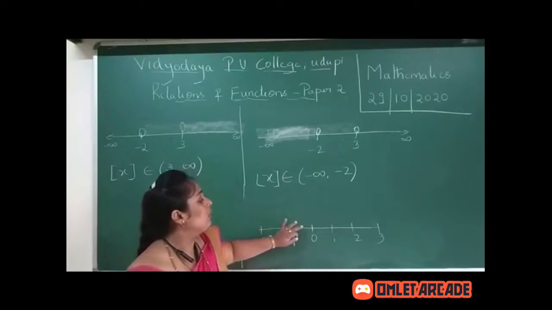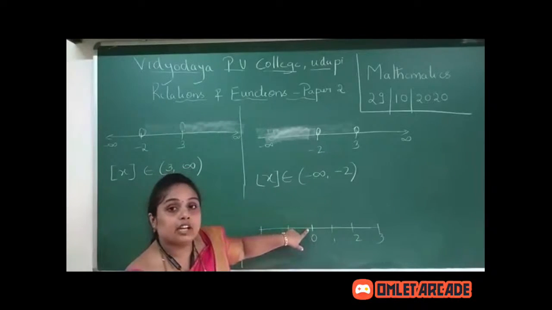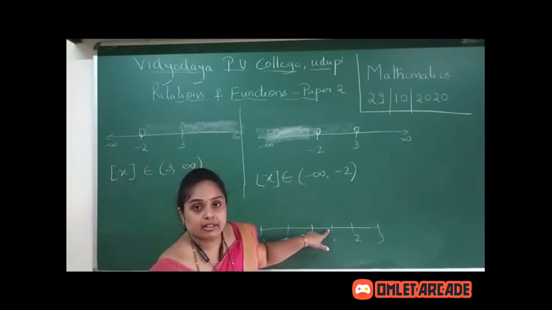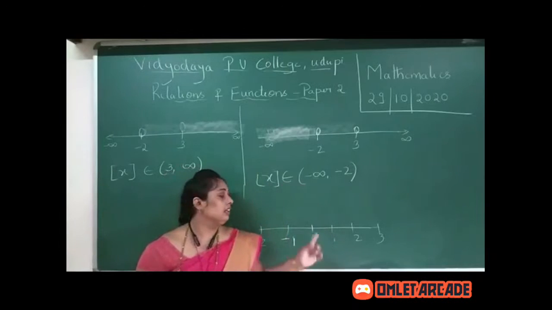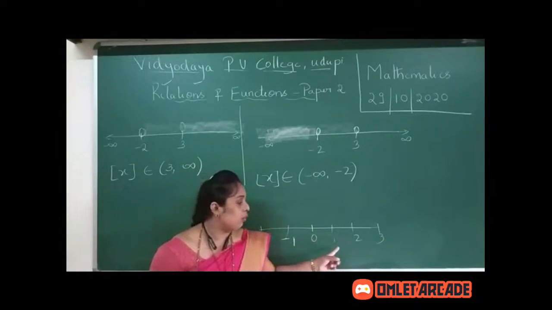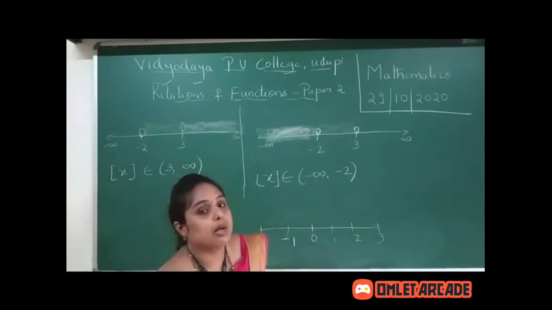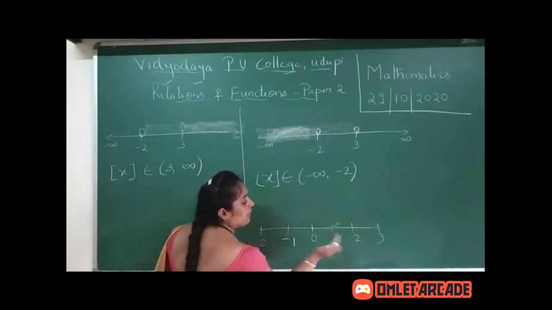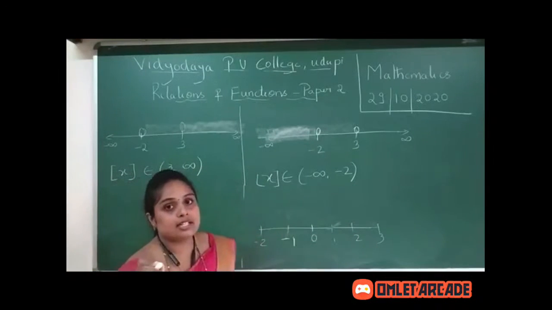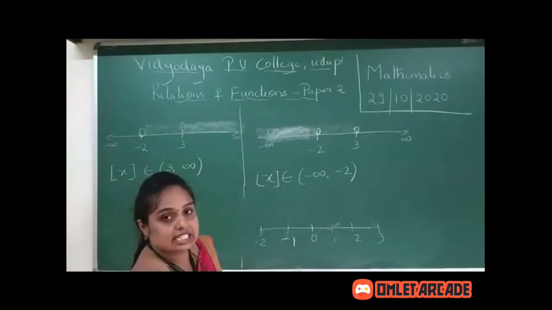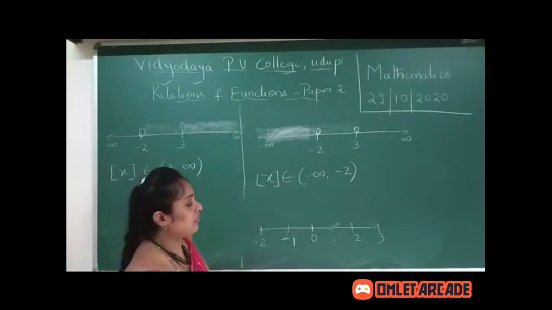The greatest integer will be 0 for all the values which are greater than or equal to 0 but less than 1. I have drawn the graph also. Up till 0.99999, greatest integer will be 0. But for 1, it's 1. For 1.9999 also, the greatest integer is 1. So it assumes a value which is the previous value. The name is greatest integer, but you are just writing the previous value, which is less than or equal to.